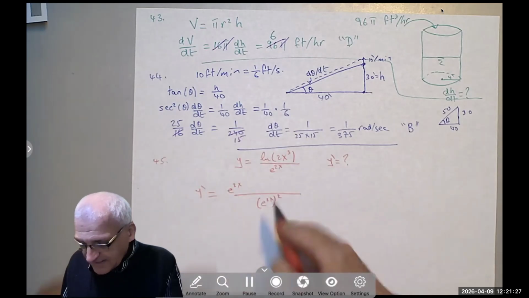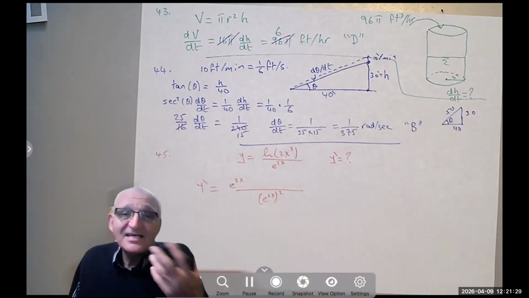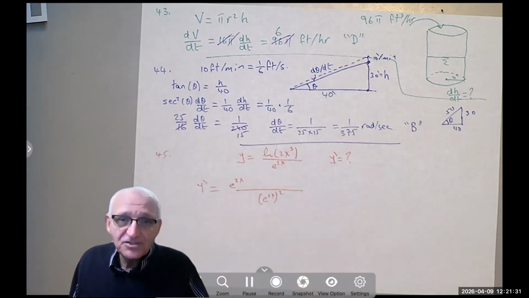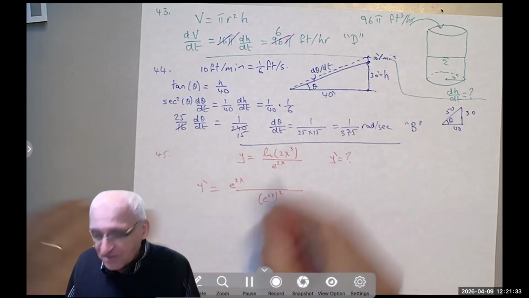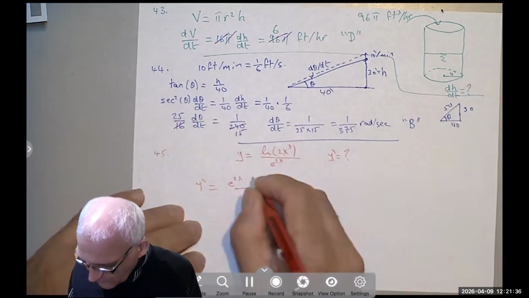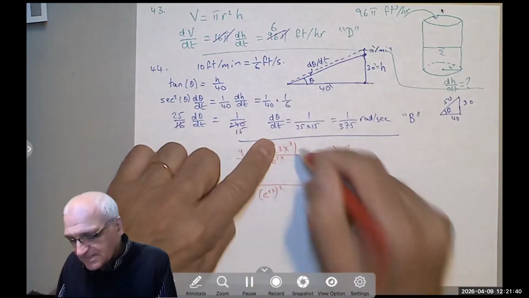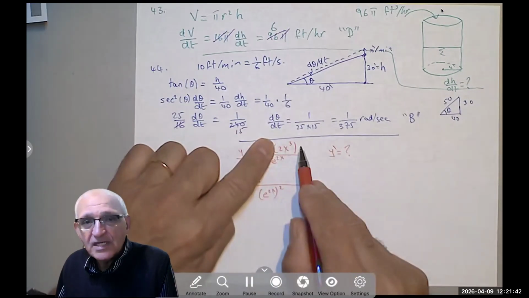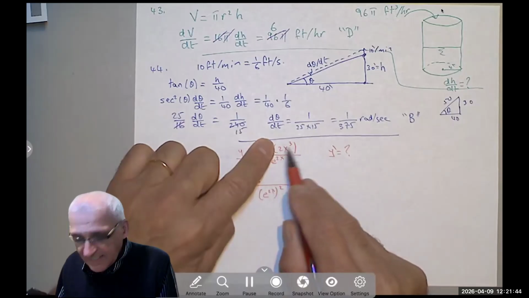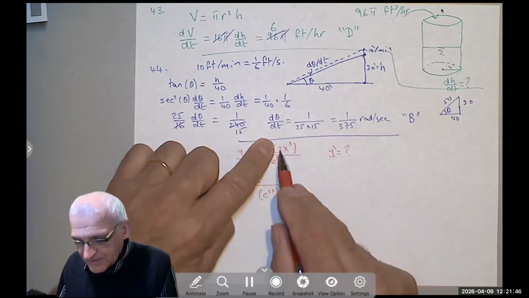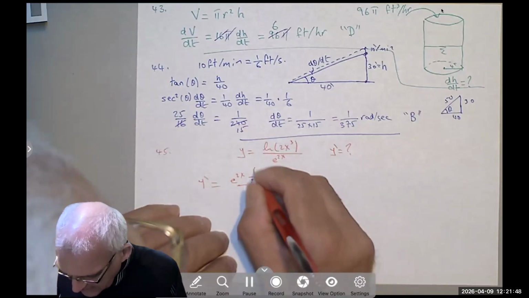So what do I see? I see a natural log. You ask yourself, what is the derivative of natural log of x? It's 1 over x. So natural log of anything is 1 over that thing. And after I do that, I step inside, I see 2x cubed. I take the derivative of x cubed, which is 3 times 2 is 6x squared.